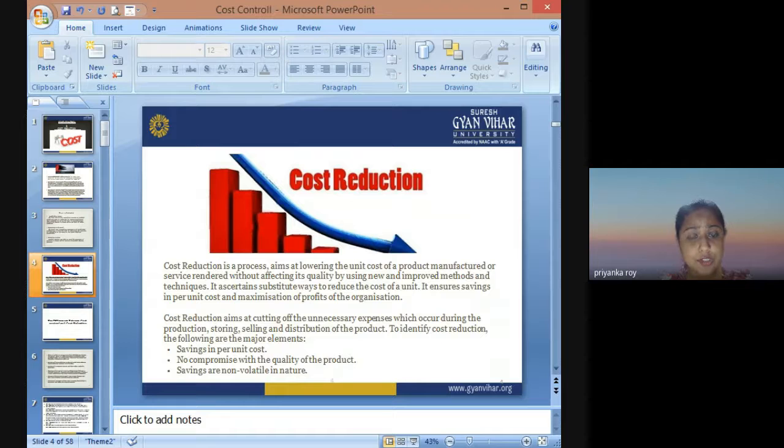Cost reduction aims at cutting off unnecessary expenses which occur during production, storing, selling and distribution of the product. To identify cost reduction, the major elements are savings in per-unit cost, no compromise with the quality of the products, and savings that are non-volatile in nature.